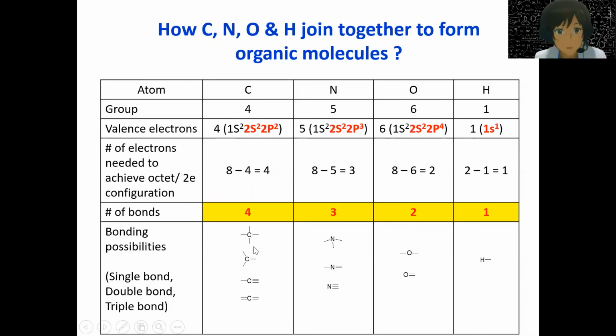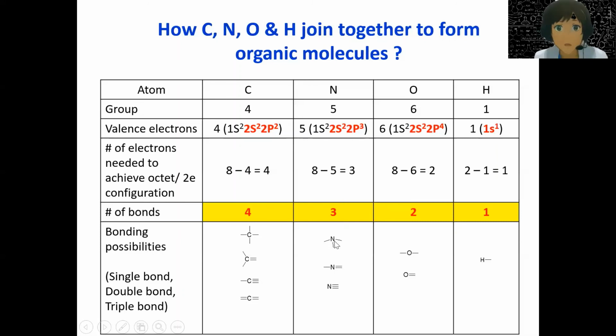If you look at carbon, because it can form 4 bonds, it can form 4 single bonds, or it can form 1 double bond and 2 single bonds, since a double bond is considered as 2 bonds. Or it can form a triple bond followed by a single bond. It can also form 2 double bonds, making the 4 bonds.